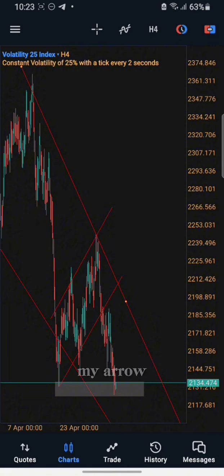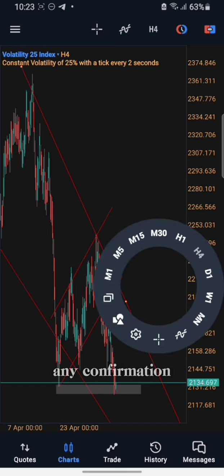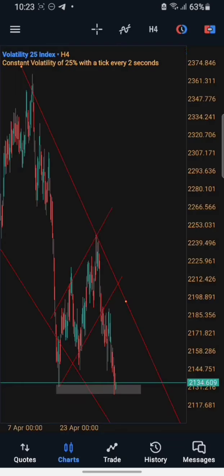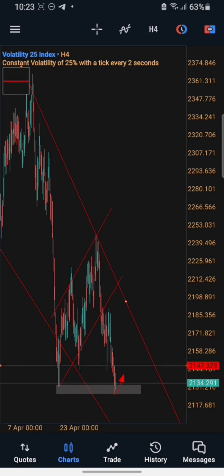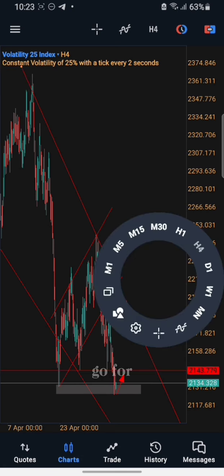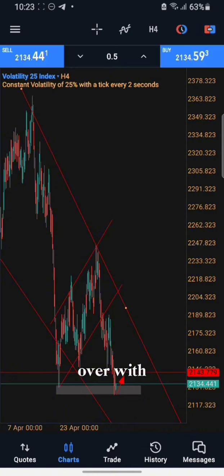As you can see, my arrow is not that big because the market cannot just go up there without any confirmation. So we're going to buy the market and see if we can collect a lot of profit. Let's just go full margin and get it over with.